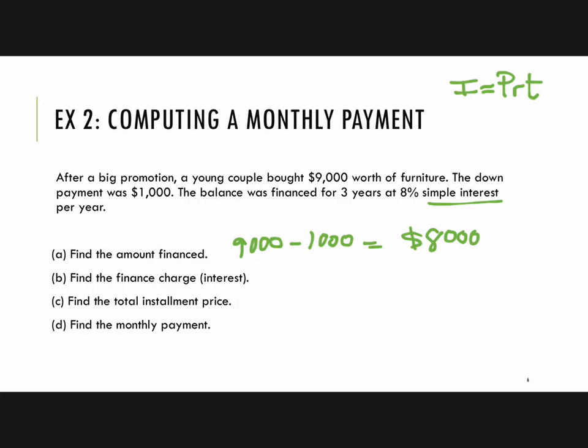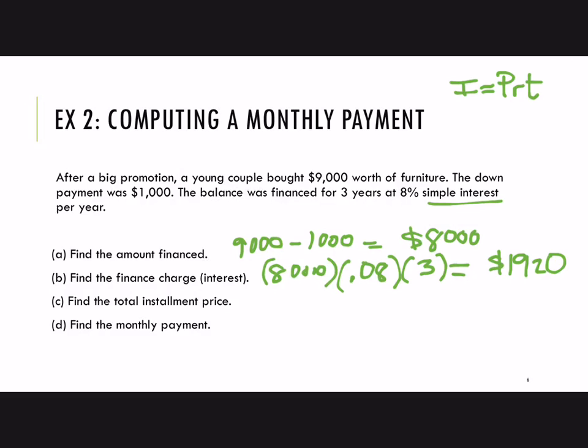That's the principal. Okay, so the finance charge is $8,000 principal times the rate, 0.08, that's 8%, and then times time in years, or times 3. Okay, so that would be $1,920 worth of interest. Quite a bit.